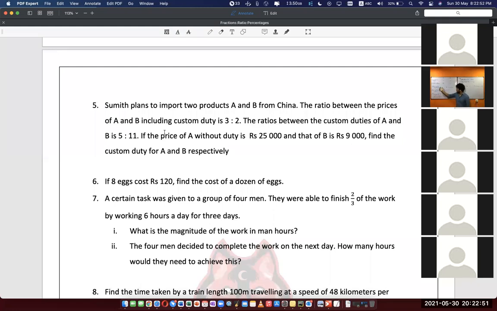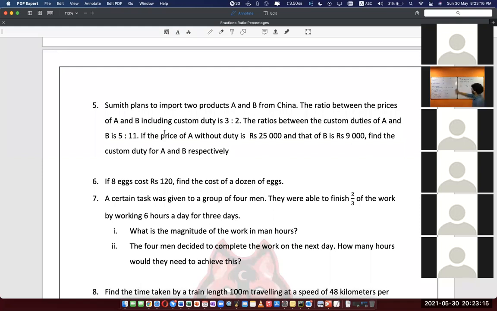So price of A without tax is 25,000. Price of B without tax is 9,000. Then I know the final price including tax is in 3:2 ratio. So I assumed price of A with tax is 3x. Then price of B with tax will be 2x. Why? They are in the ratio 3:2.